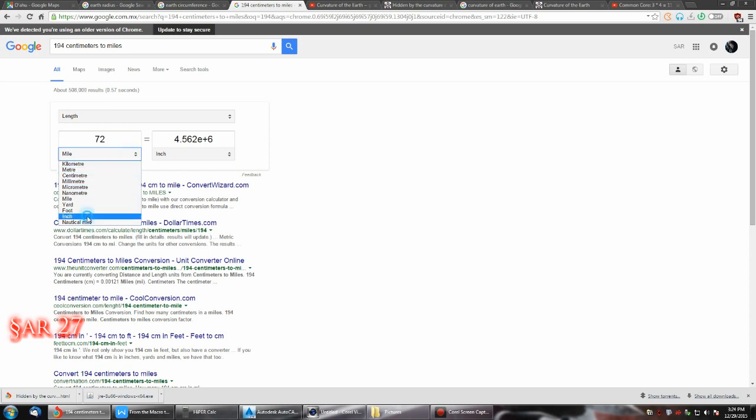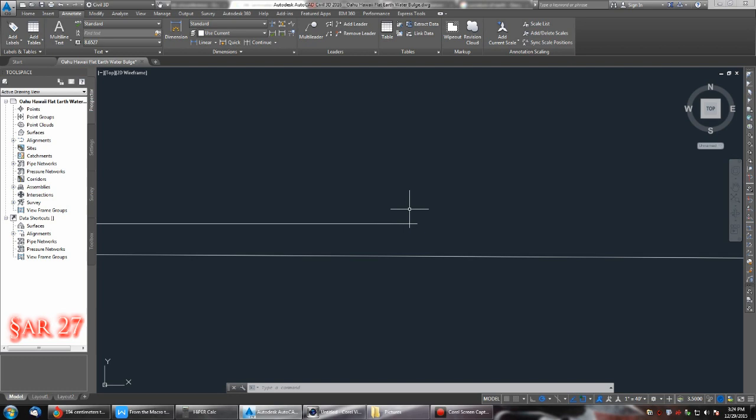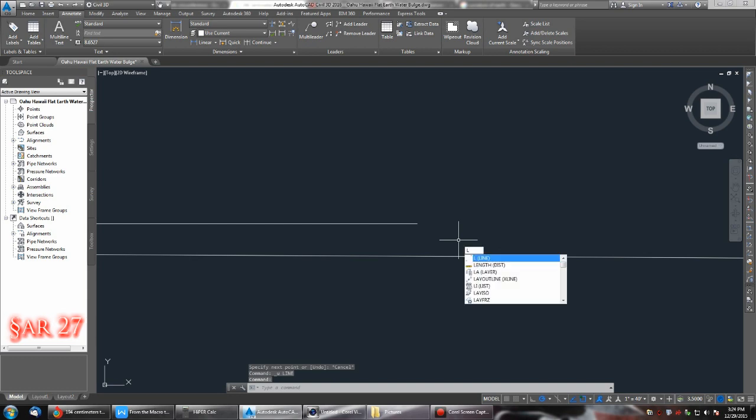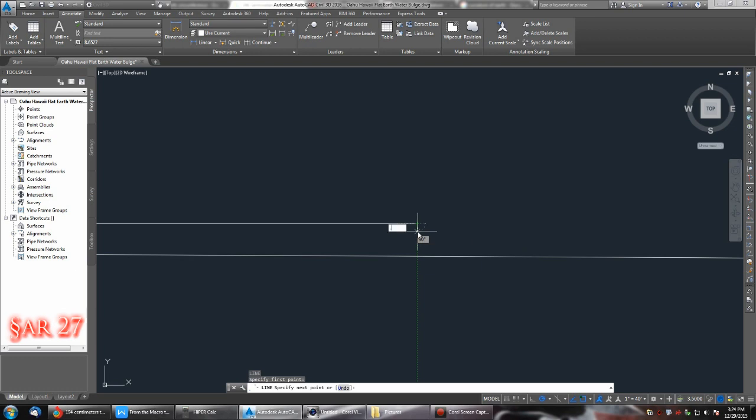72 inches is 0.00113636 miles. Remember, my draft is in units of miles, so I have to do this every time I do a measurement. So 0.00113636. Let's draw a line. Oops, I forgot to put the point. 0.00113636.